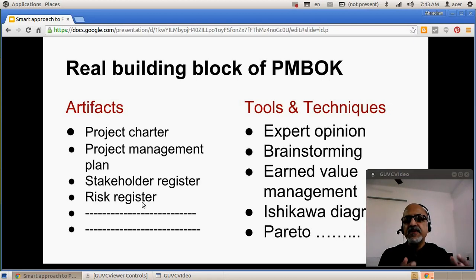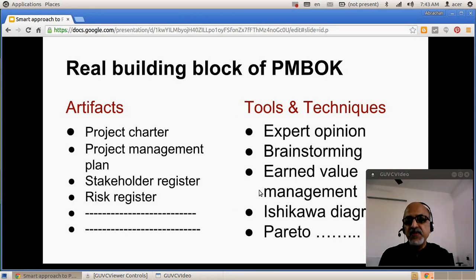So on one side we have a set of documents, and on the other side a set of processes which we can leverage to build these documents, to use these documents, to update these documents. Every process takes some documents as input, and every process generates some outputs which get consumed by some other process.